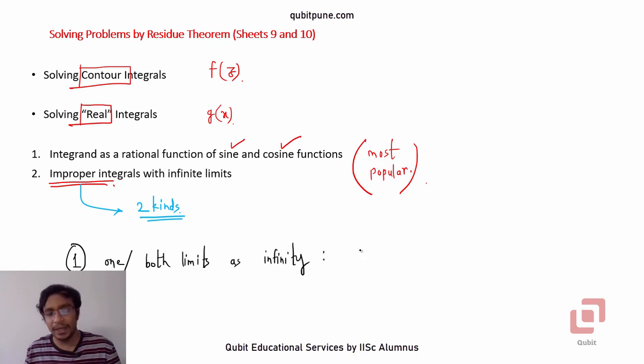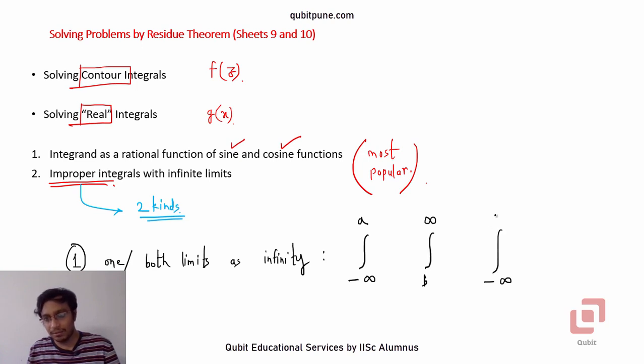So you may have limits as minus infinity to a, or you may have limits as b to infinity, where both a and b are any real numbers, and you can also have minus infinity to plus infinity. So this is improper integral of the first kind.